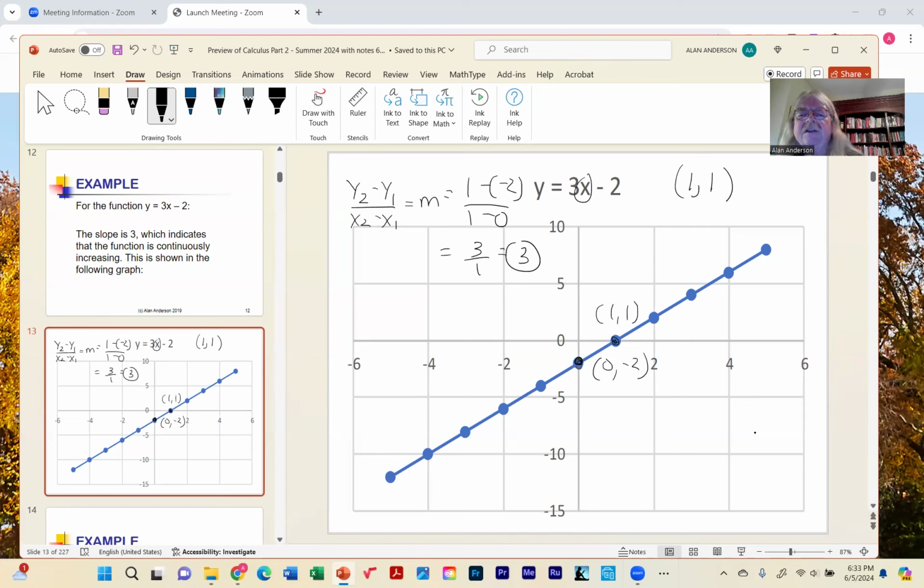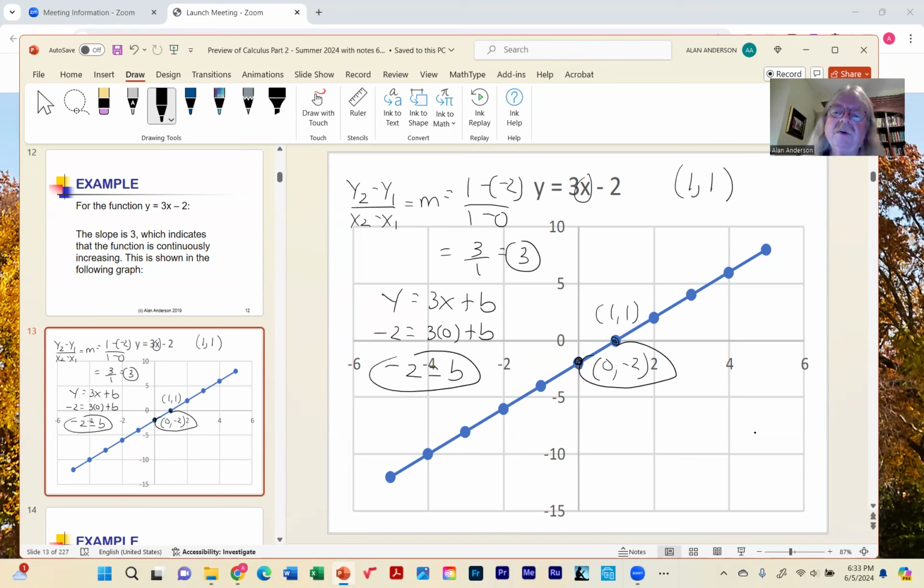And so now you know that y equals 3x plus b. And if I replace x and y with one of these points, let's say this one, that means that -2 equals 3 times 0 plus b, or -2 equals b. All right, so from any 2 points, we were able to figure out both the slope and the intercept.